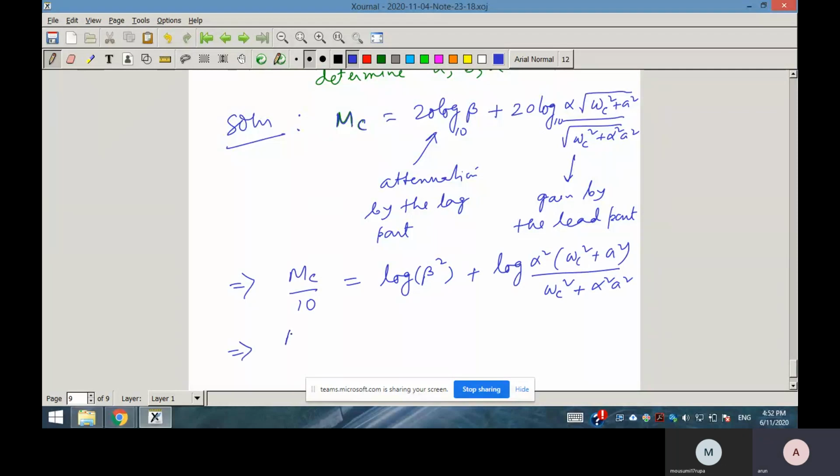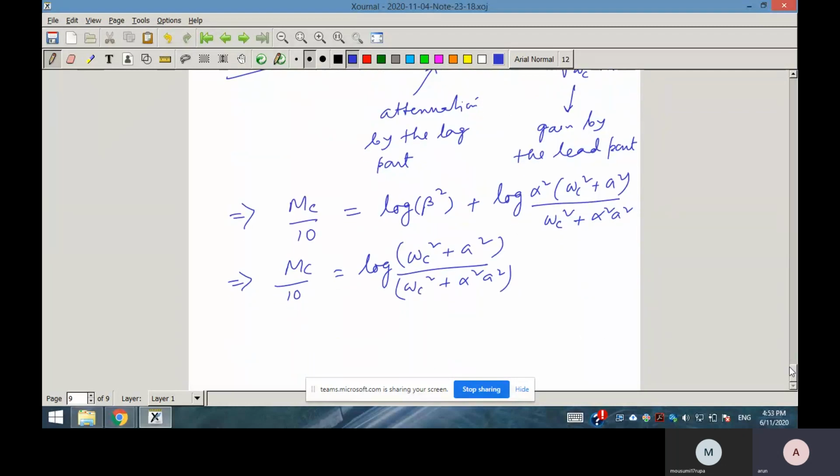So this will imply MC by 10 equal to log of alpha square beta square. If you want to absorb this one inside, alpha square beta square is ultimately 1. So this will be omega c square plus a square divided by omega c square plus alpha square a square. Now omega c by a, I have already assumed earlier in case of lead part, lag part, omega c by a is the normalized omega c.